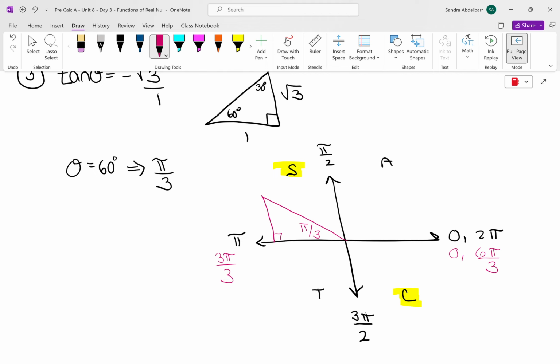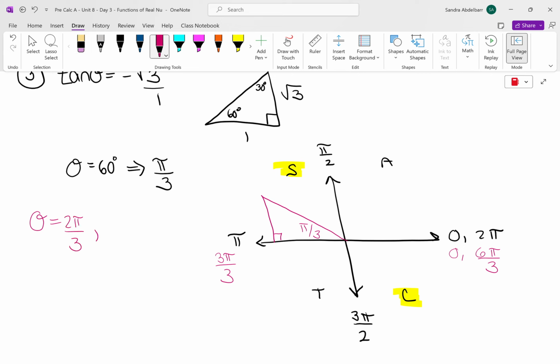This is 3 pi over 3, but I'm going to subtract because I'm going back up, right? I'm not fully here yet. So I'm going to subtract 1 pi over 3, which is going to bring us to 2 pi over 3. So theta will be 2 pi over 3.